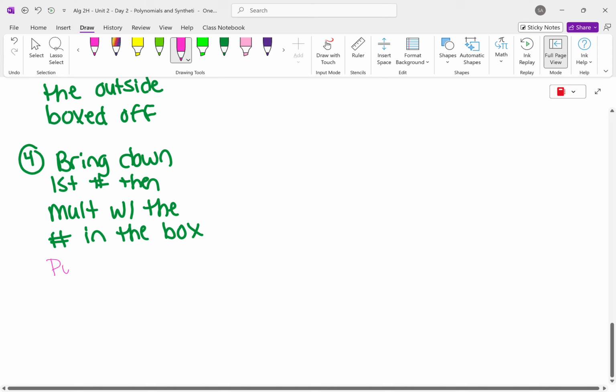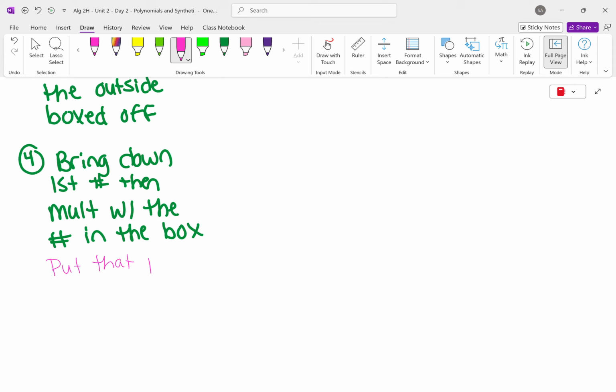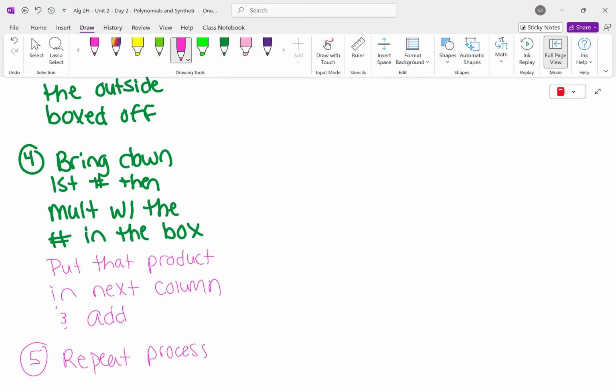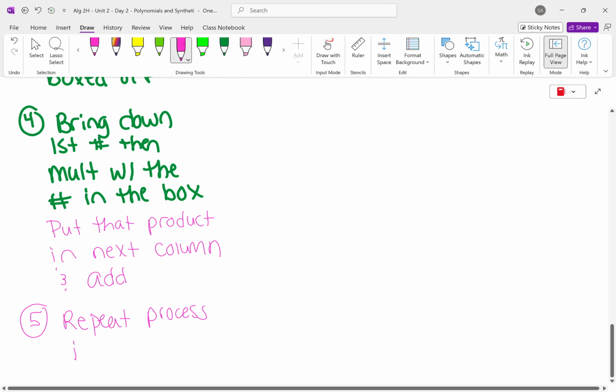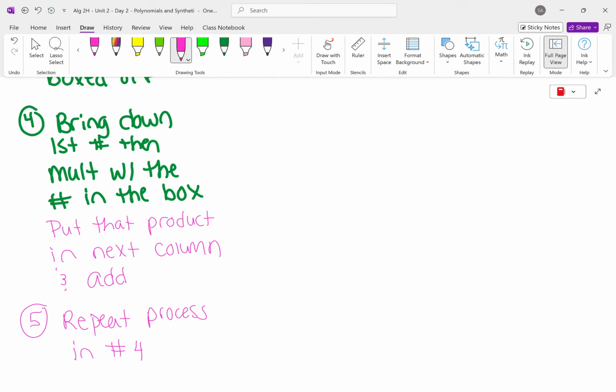Then put that product in the next column and add. And then we're going to repeat the process.